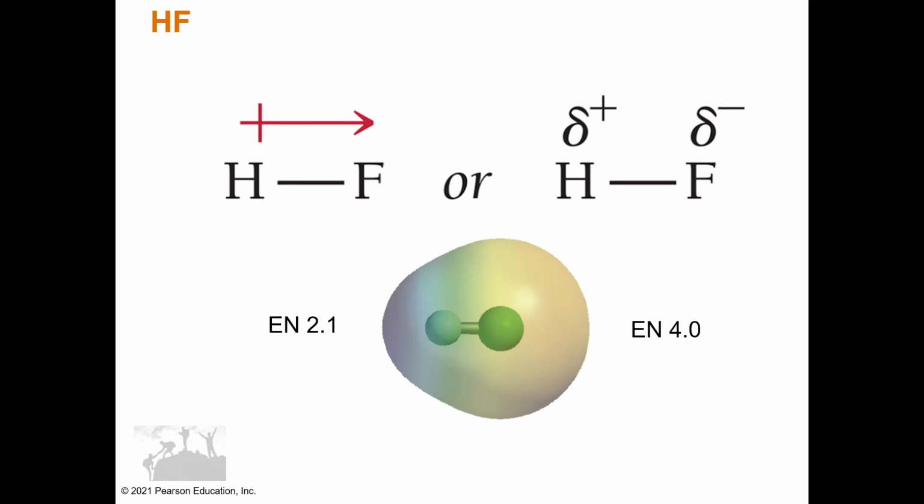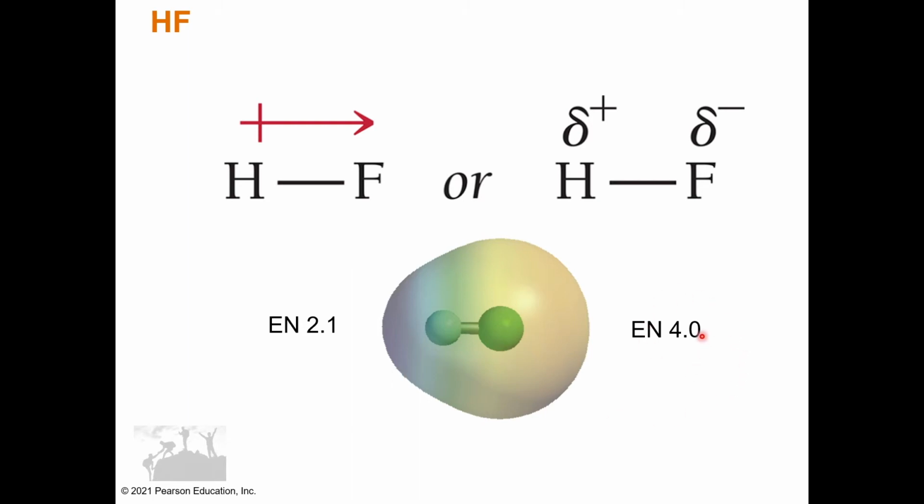Here are three different ways in showing bond polarity. So the molecule that you see here is HF, hydrogen fluoride. This En represents electronegativity. So fluorine has an electronegativity value of 4.0, and hydrogen would be 2.1.